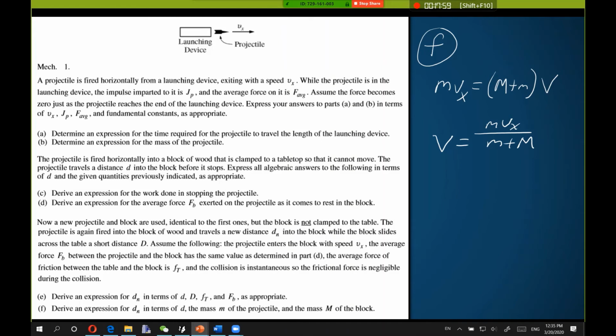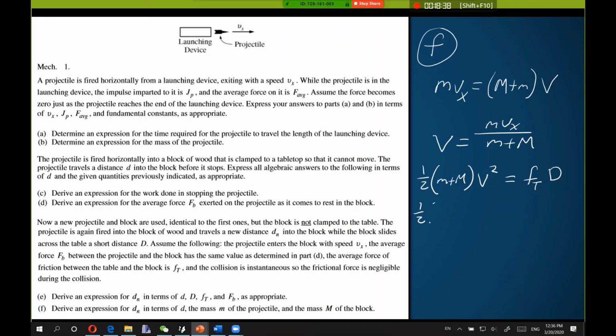Then we can go to energy, since the energy of the system immediately after the collision should be equal to the work due to friction in stopping it. So that's 1/2 times the mass plus mass, of the projectile and the block, times our new v squared. It should be equal to the force due to friction times the distance on the table. And then we can sub in.